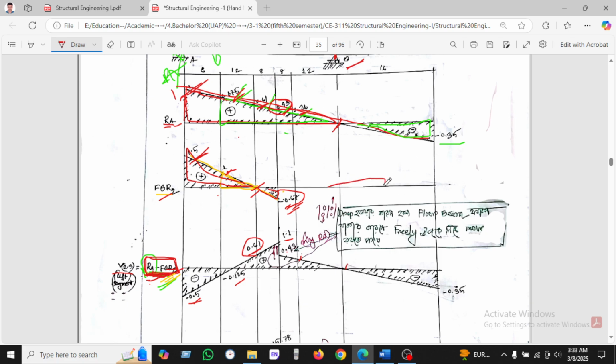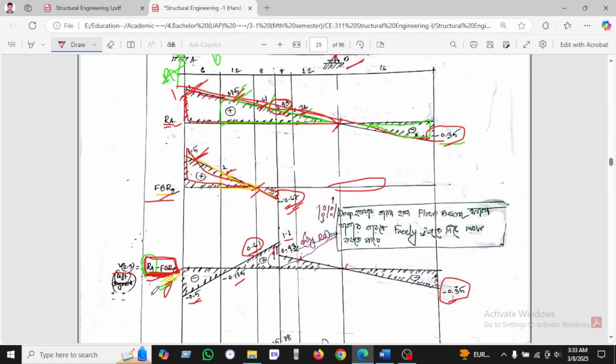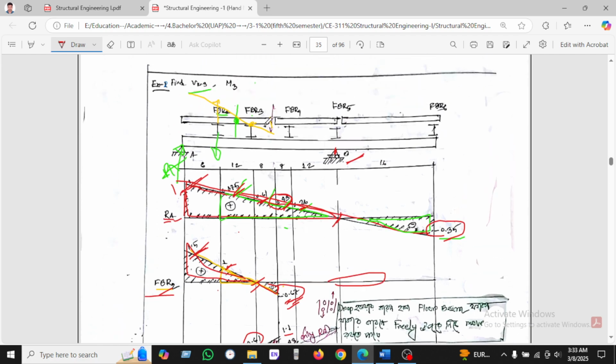There is no influence line of RB because of the equation. If we put the equation at 0, then it will be 0. And the last one, RA is 0.35. So these are the values I will use to draw the B23 here.